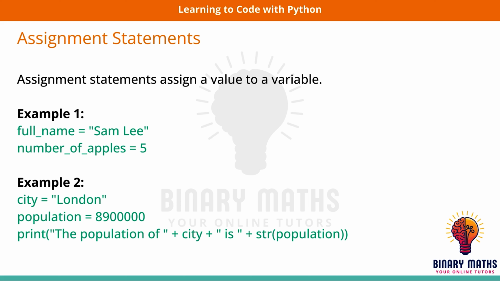So we can create another variable which will be population, and then we can assign a population number to that variable. We could then print the population of, for example, the city, which has London stored in it, is, and then the population value. So this code assigns the city name and population to variables and prints them.